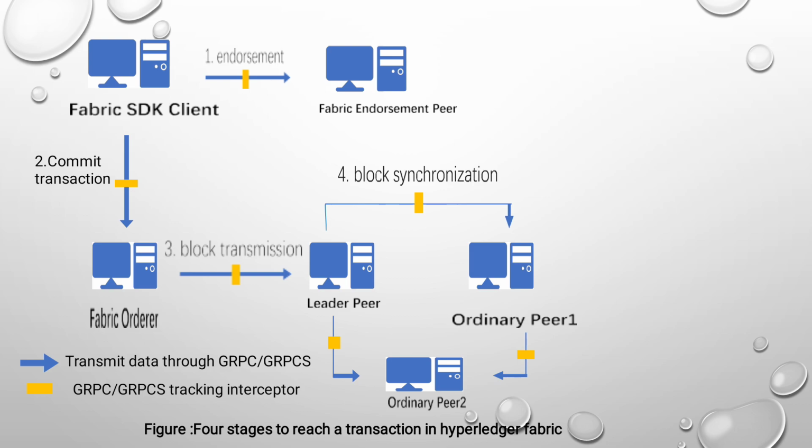When the endorsement peers, the orderers and the ordinary peers are interacting through gRPC, the tracking interceptor can collect the context information for service invocation as well as transaction information. All information is transmitted to our system as a source of data for our analysis of system performance or exceptions.